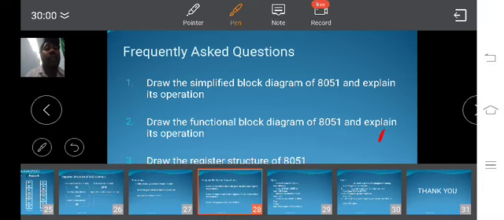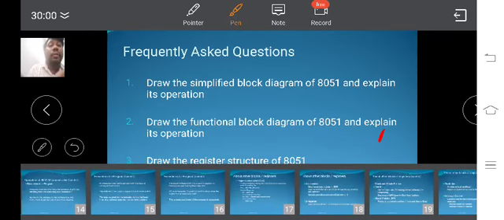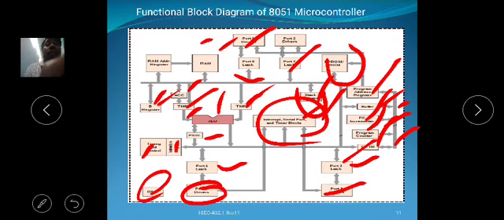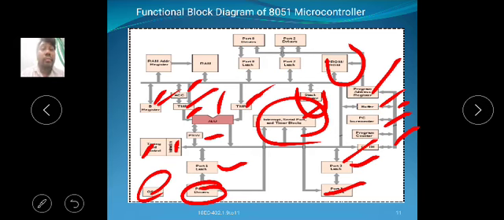You have to draw this and discuss with the block diagram what blocks are available in the microcontroller, like 4 ports and 4 latches: port 1 latch, port 3 latch at the top, port 0 and port 2 drivers, and on the left side the accumulator, temporary registers, arithmetic logic unit, program status word, timing and control, instruction register, and B register.